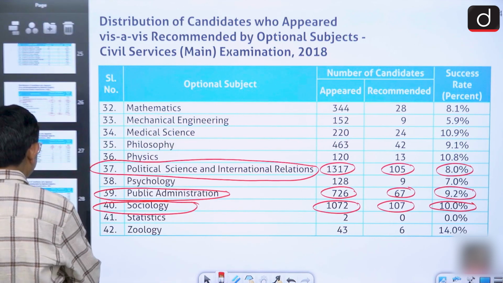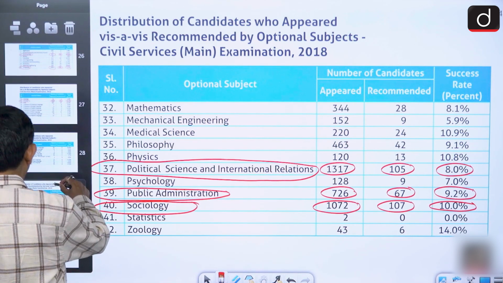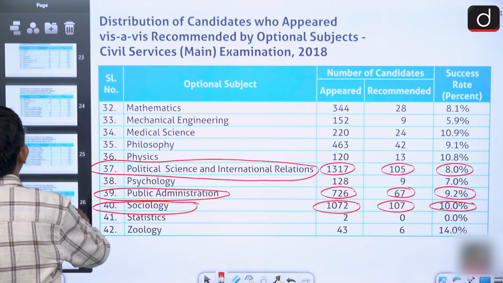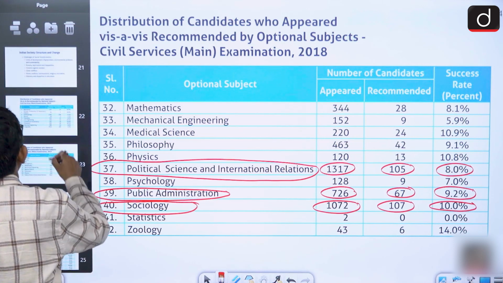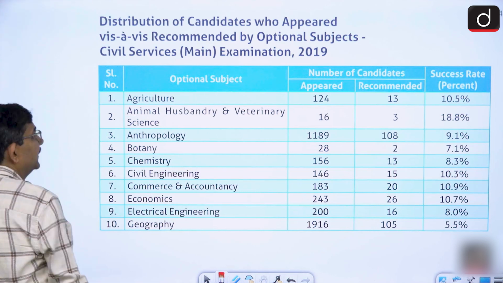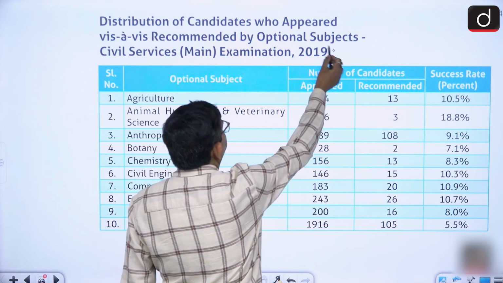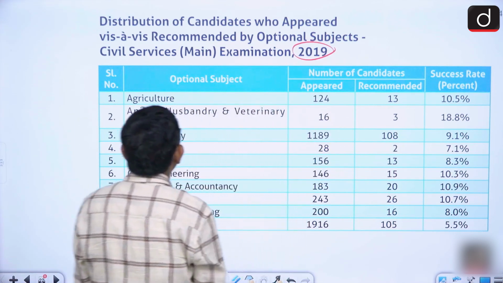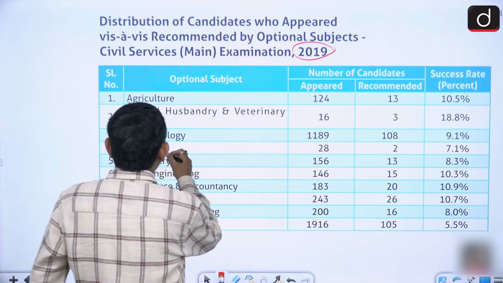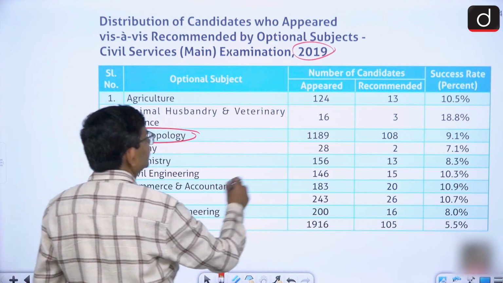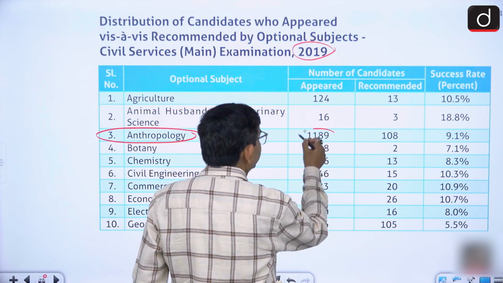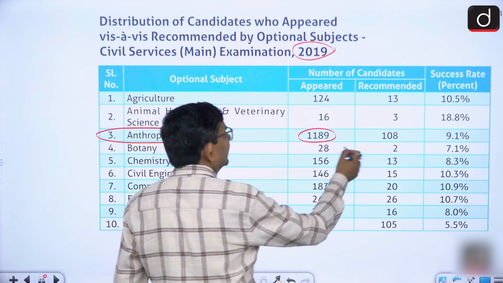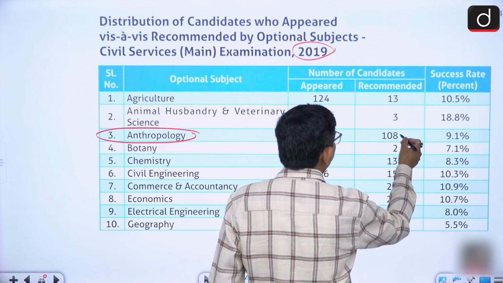Well, now let's take the figures from 2019. Here we have anthropology. The number of candidates increased, and even the recommended ones also increased.